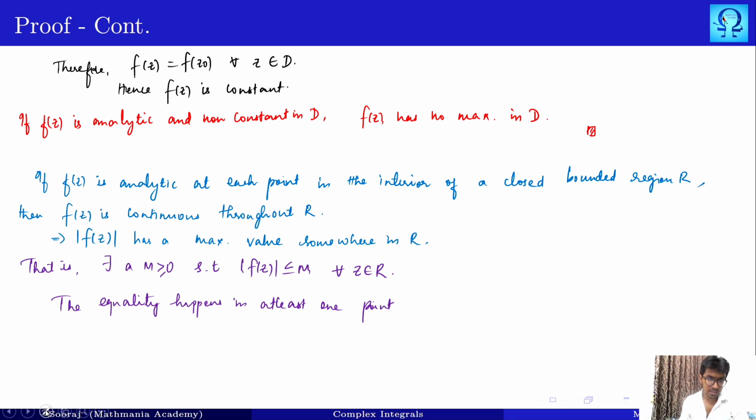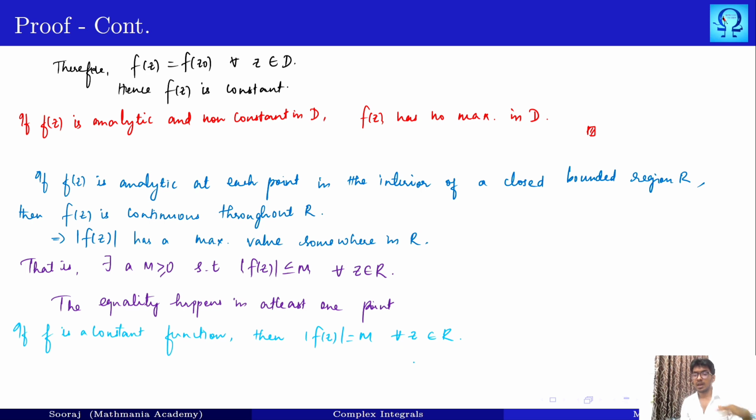So the next thing that we are going to discuss is an important special category. If f is a constant function, then the absolute value of f of z equals M for all z in R. So that is happening.